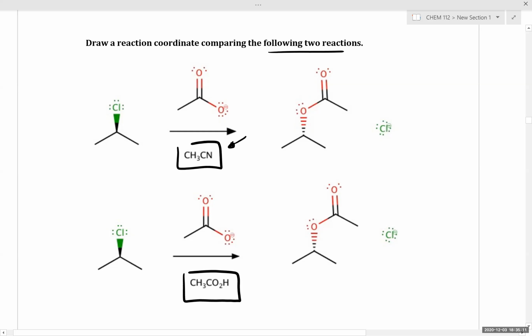Can that solvent hydrogen bond or not? It's aprotic, exactly right. So in the top reaction pathway, we have a polar aprotic solvent, while in the bottom reaction pathway, we have a polar protic solvent.